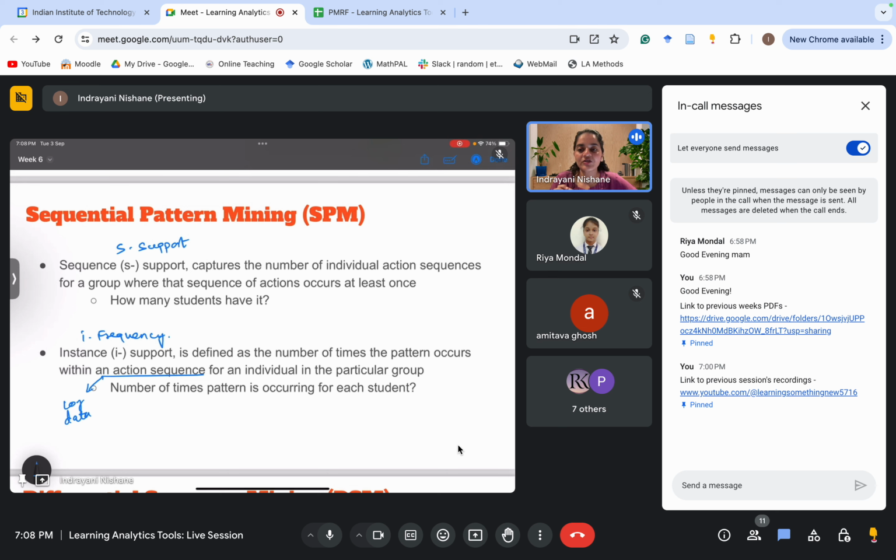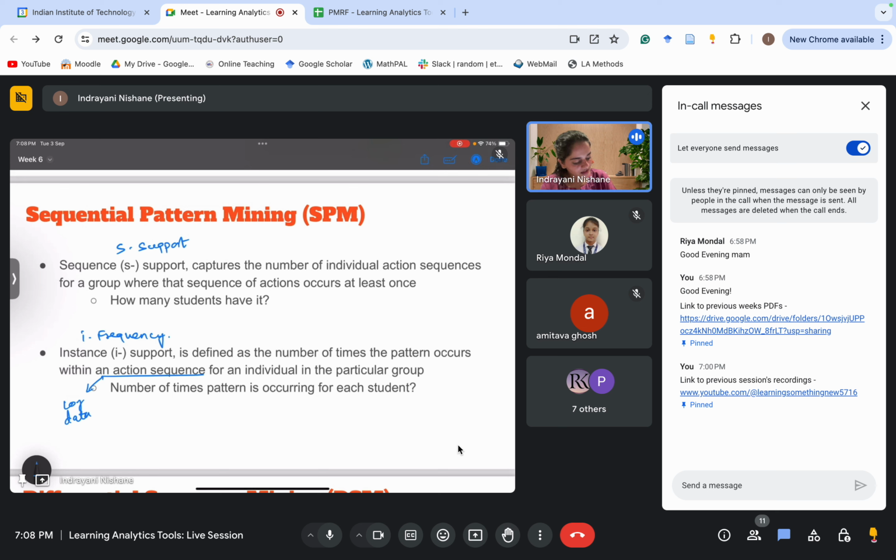In plain English, it means the number of times that pattern is occurring for each student. That is given by instance frequency, or I frequency, or I support. So S support is, out of all the students, how many students have that particular pattern, and I frequency is the number of times that pattern is occurring per student. For every student, how many times has that pattern occurred.